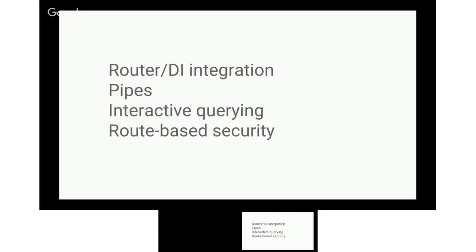And then you can also query your Firebase database, and we were just doing straight reads, but we're going to look into providing interactive querying. The API is really simple, and it'll do a lot of the switching of queries for you. And then lastly, we want to do route-based security, so you can actually tell the router when someone actually belongs in that route or not.